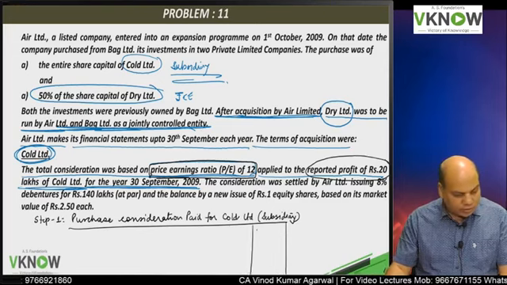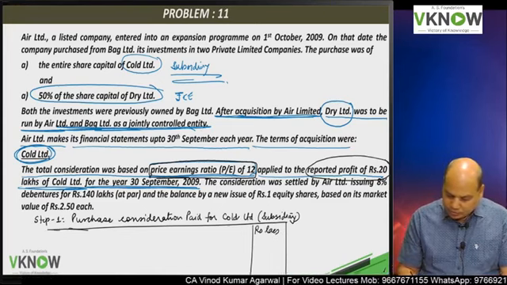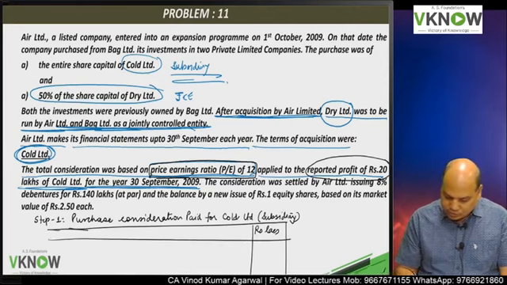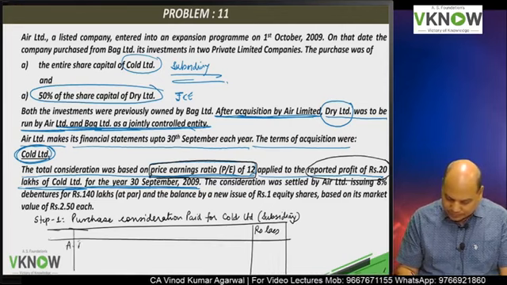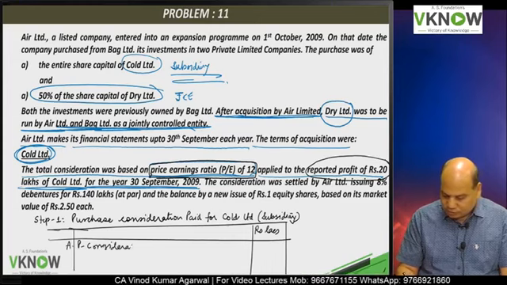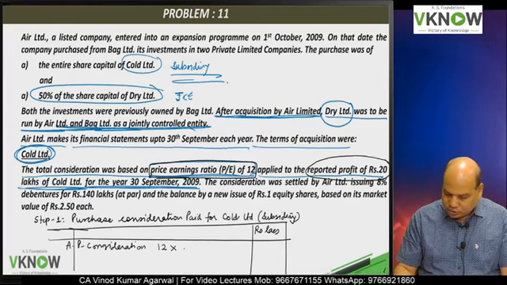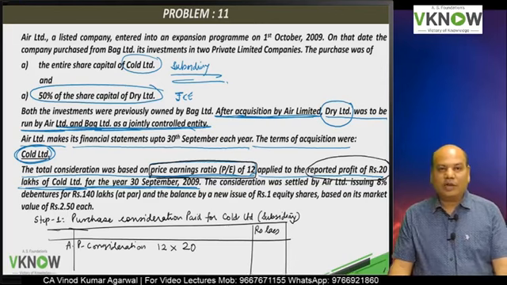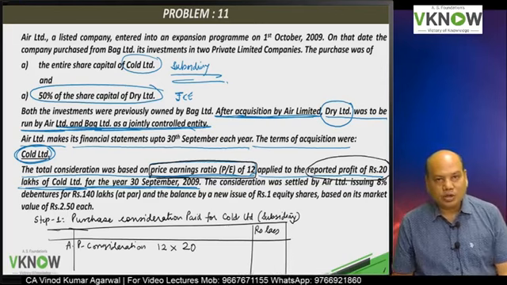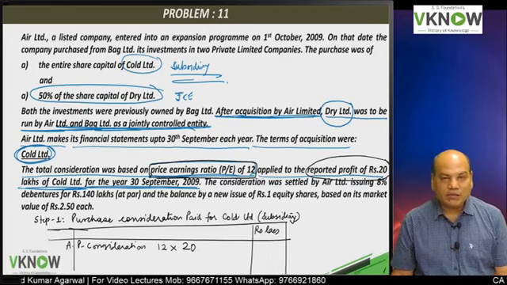I am going to write rupees in lakhs. Purchase consideration is equal to 12 P ratio multiplied by 20 lakh of earning. P ratio into earning is called market capitalization or market value.